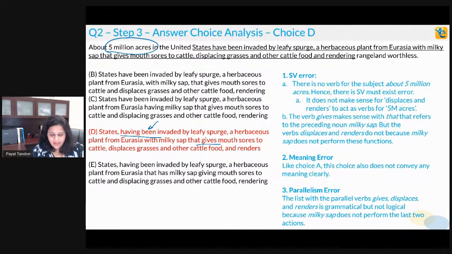And then all of this displaces, renders, these all modify this part over here with milky sap, and again it doesn't make sense that the milky sap displaces, and that's not correct. Okay, all right, so this action and this action do not make sense with milky sap, and that's another reason why this choice is wrong.